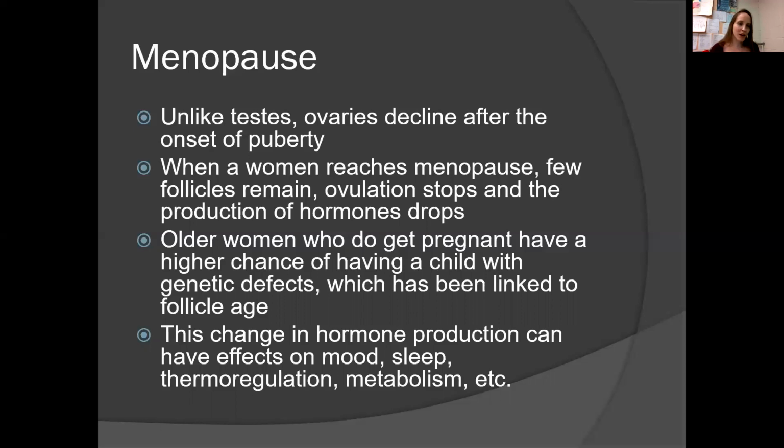Older women who do get pregnant have a higher chance of having a child with genetic defects, which has been linked to follicle age. Essentially, older follicles are just more likely to have damaged DNA in their ovum. The change in hormone production that happens during menopause is what causes all the symptoms of menopause, from affecting mood to hot flashes to weight gain because of slower metabolism to insomnia and all that kind of stuff.